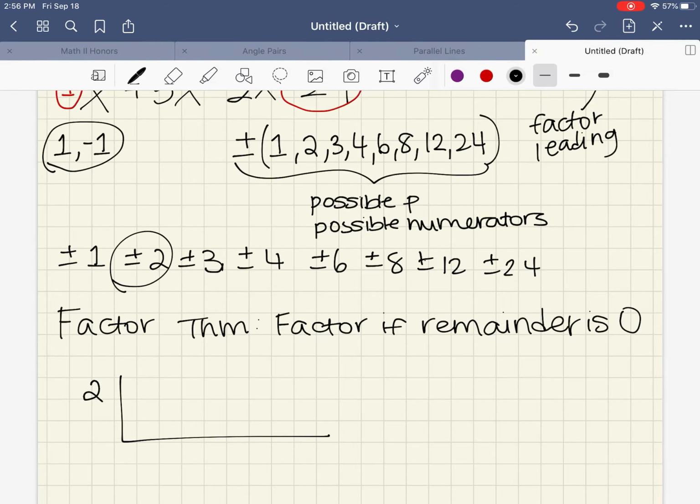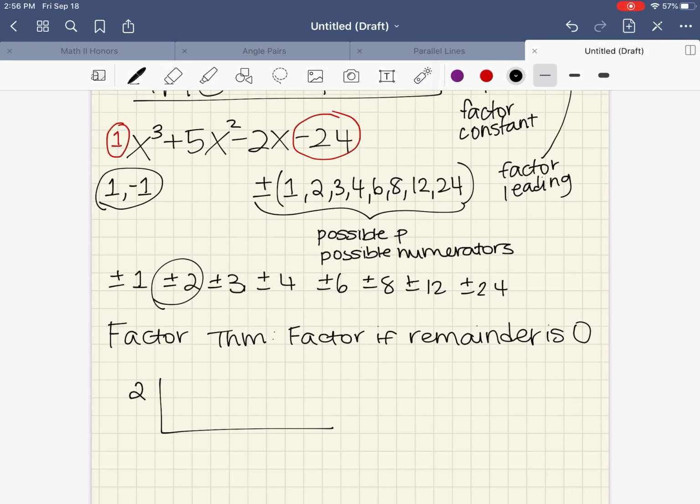So if we tried 2, we would put 2 on the outside, or negative 2, and then you would go 1, 5, negative 2, and negative 24. You would do that whole process of finding the result and finding what the remainder is. Once you got a remainder of 0, it would mean it is a factor.